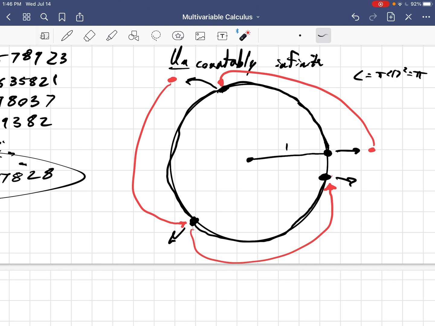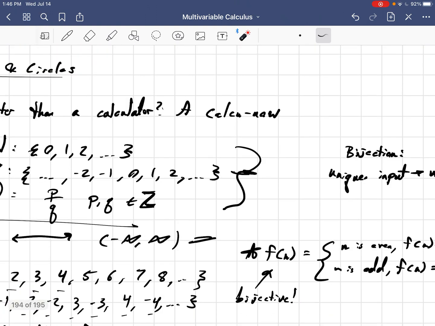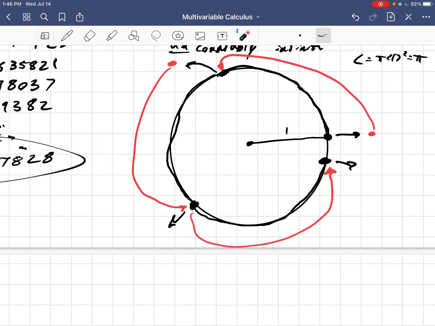If I continue this infinitely often, realize that I will never land on the same point twice because the circumference of pi is incommensurate with the unit distances in which I'm traveling. In other words, no multiple of pi is a natural number, right? No multiple of pi, because pi is irrational, will get me on one of these points that I've thrown out, removed, and then replaced back by a previous point.